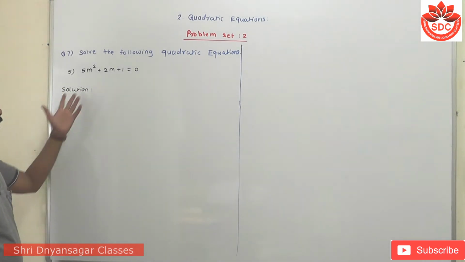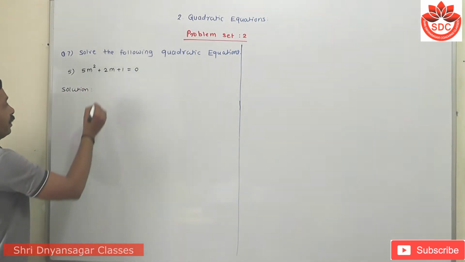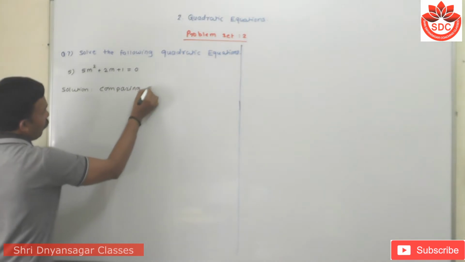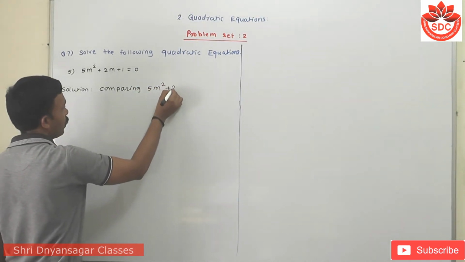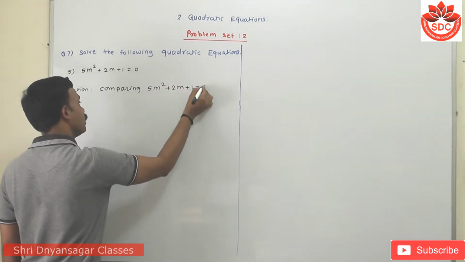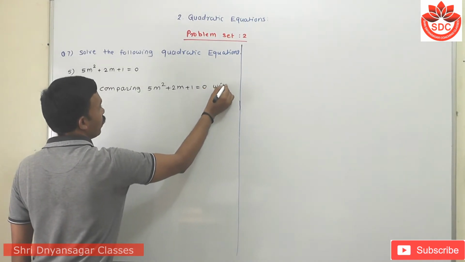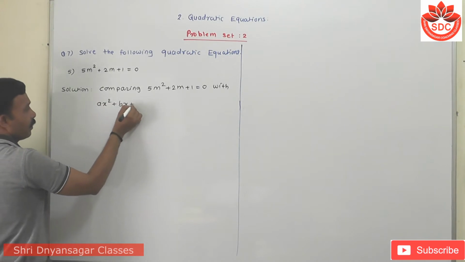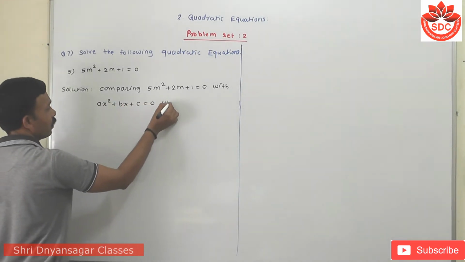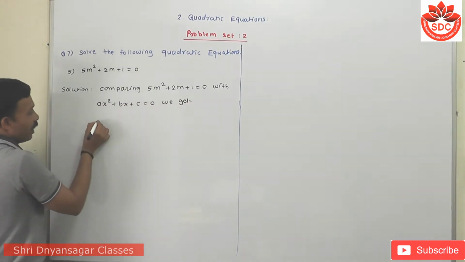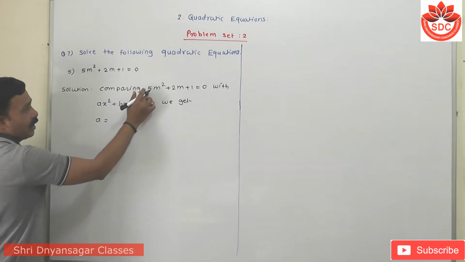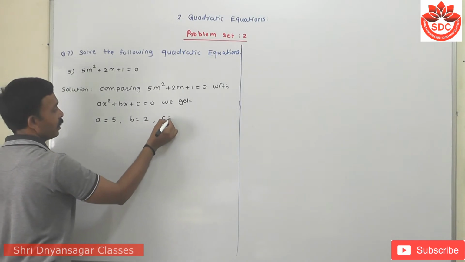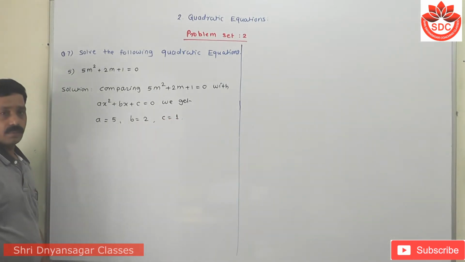Student, we have to solve by using the formula method. So comparing 5m square plus twice m plus 1 is equal to 0 with the standard form ax square plus bx plus c is equal to 0, we get the values: a is 5, b is 2 and c is how much? 1.